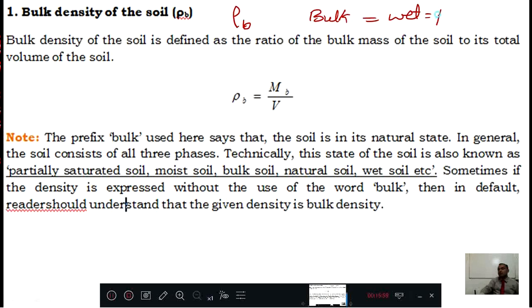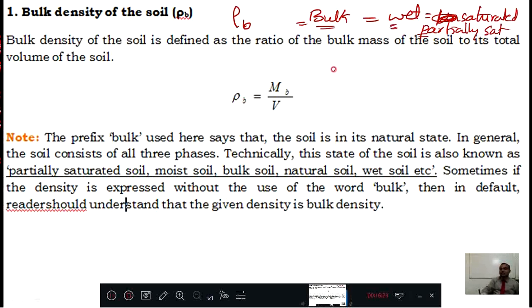I can also call it unsaturated soil, or rather, partially saturated soil. Partially saturated means a little amount of moisture is there. Wet soil means a little or more amount of moisture is there, and bulk also gives the same meaning.